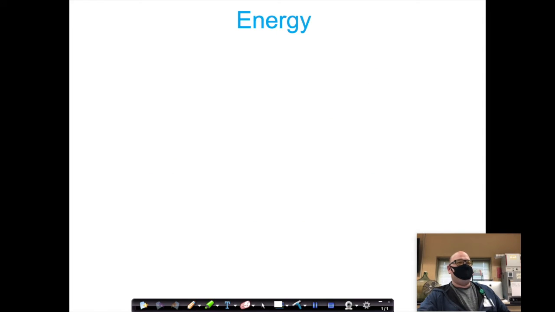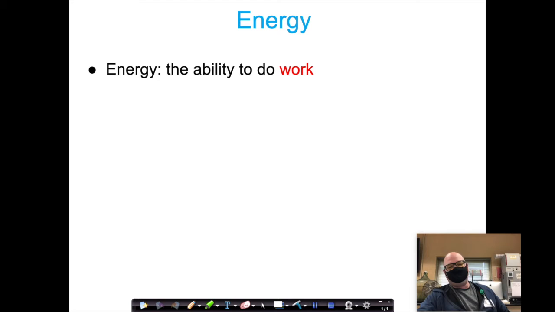All right. Let's give some definitions here. This is going back to some of your more physics stuff here, maybe some chemistry too. Energy is the ability to do work, and in physics we can kind of consider work the ability to change the state of something.